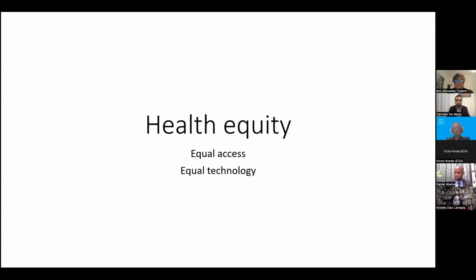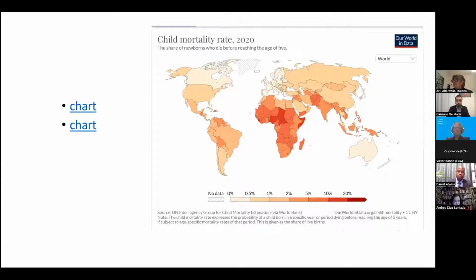And if you think about health equity, there are several parameters that we use to actually assess how equal healthcare and good health is across the globe. And one of the most important is child mortality. As you see on this graph here, child mortality is very different across the globe.